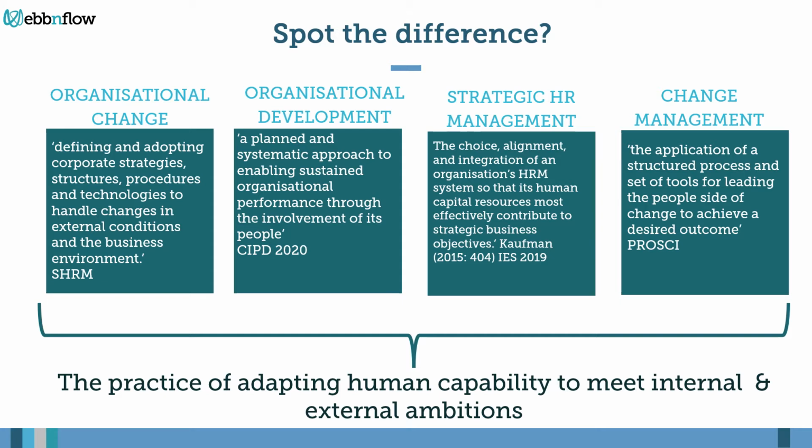So people ran with it, leading to a change management step arms race where change management experts produced models elaborating on Lewin's model, and the most popular of these is Kotter's 8-step process, published in 1996. I think in all cases what organisations are trying to do when they change is to adapt their human capability to meet internal and external ambitions, and this is the definition that we will stick with for our work.